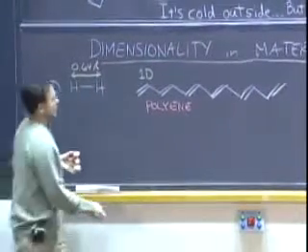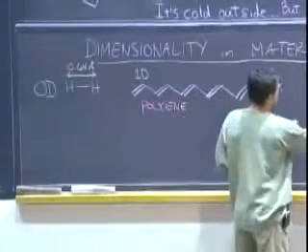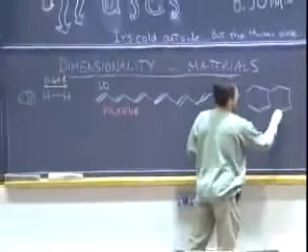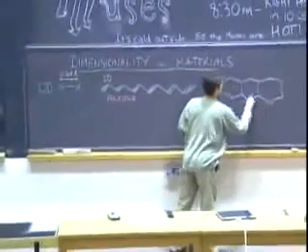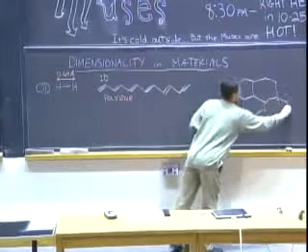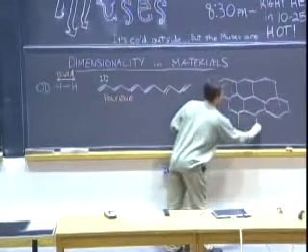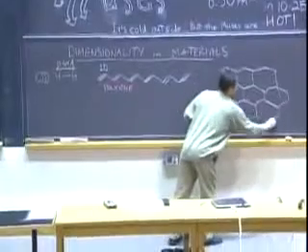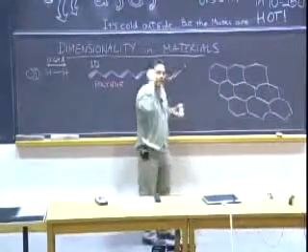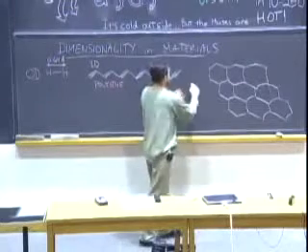And then as an example of a two-dimensional system, let me just draw up here a piece of one of the sheets of the graphite structure. So graphite is one of the allotropes of carbon, and graphite is a really nice 2D structure.